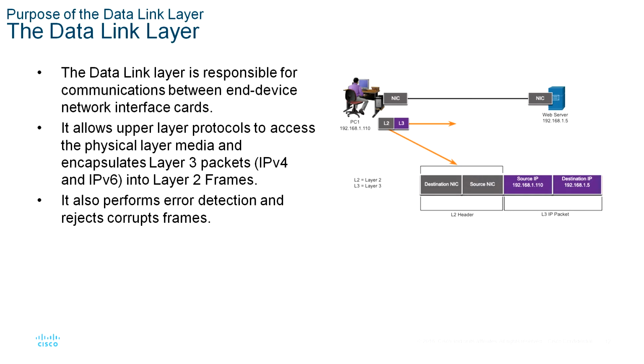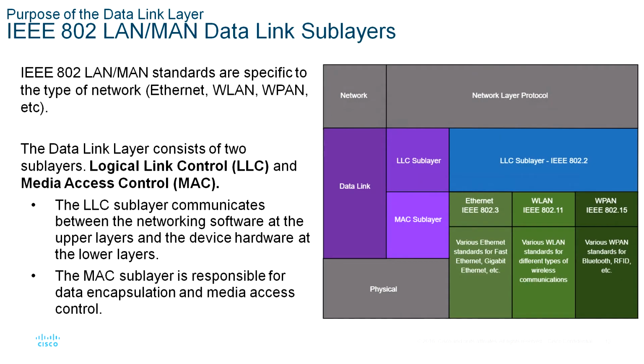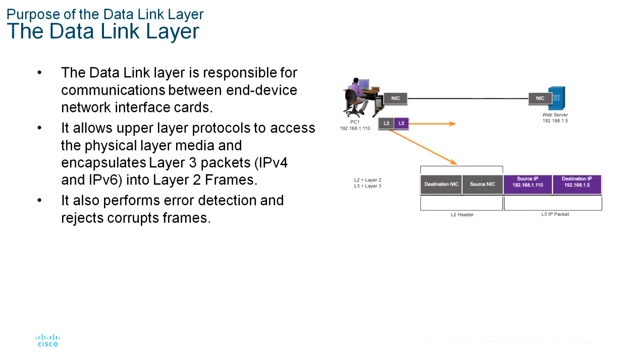In computer networks, a node is a device that can receive, create, store, or forward data along a communications path. A node can be either an end device such as a laptop or mobile phone, or an intermediary device such as an Ethernet switch.